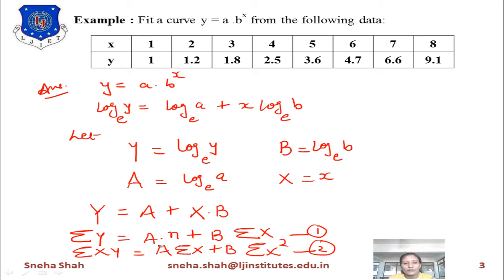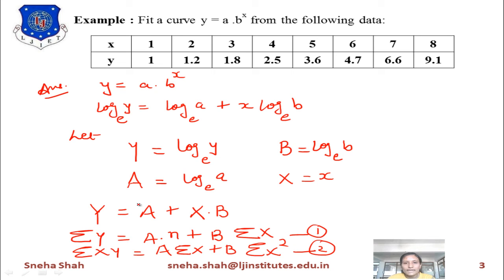So we can find the values of capital A and capital B. And if we put these values of A and B in this equation, it will convert to this form and give the final answer y equals a into b raised to x.